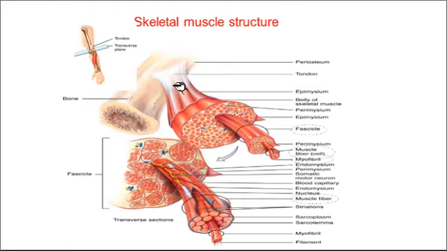And if we look at the muscle, we have here the epimysium covering the muscle from outside. Then we have the muscle fascicles, and the muscle fascicles contain the muscle fibers, and the muscle fibers contain the myofibrils.